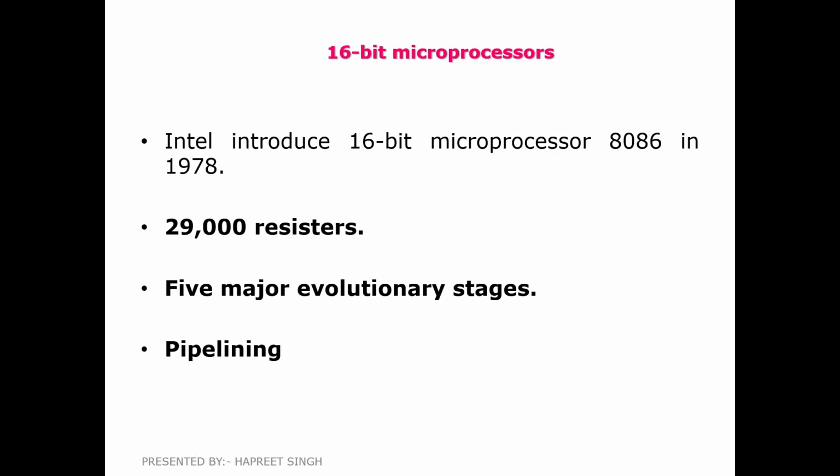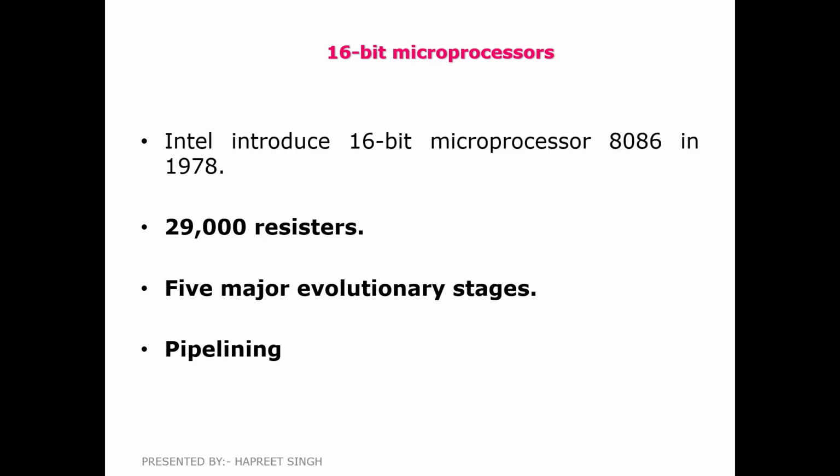Intel introduced the 16-bit microprocessor, that is 8086, in 1978, which consists of 29,000 transistors. So it is the next generation microprocessor. This architecture has 5 major evolutionary stages.